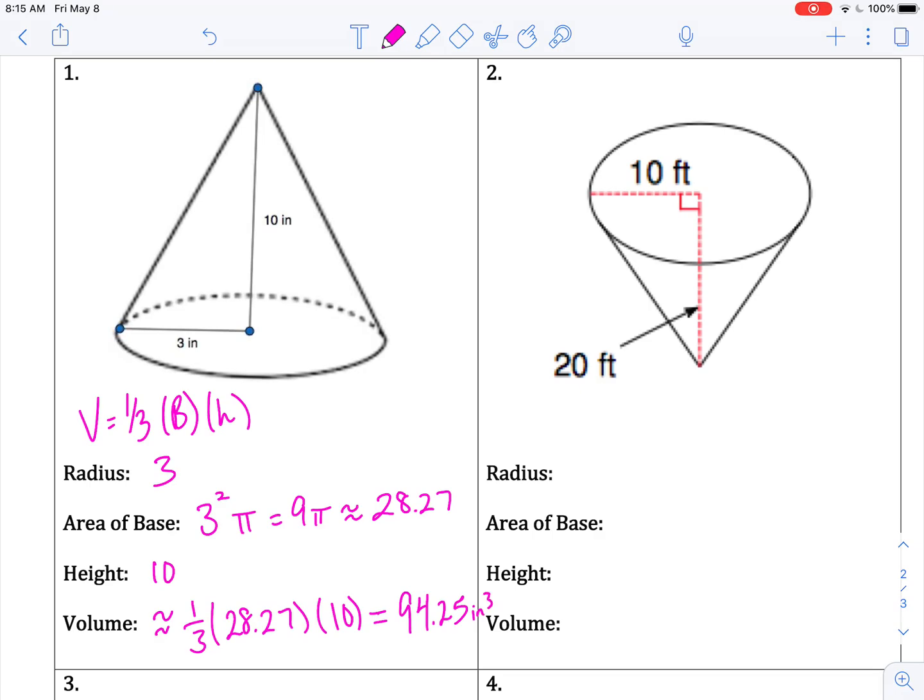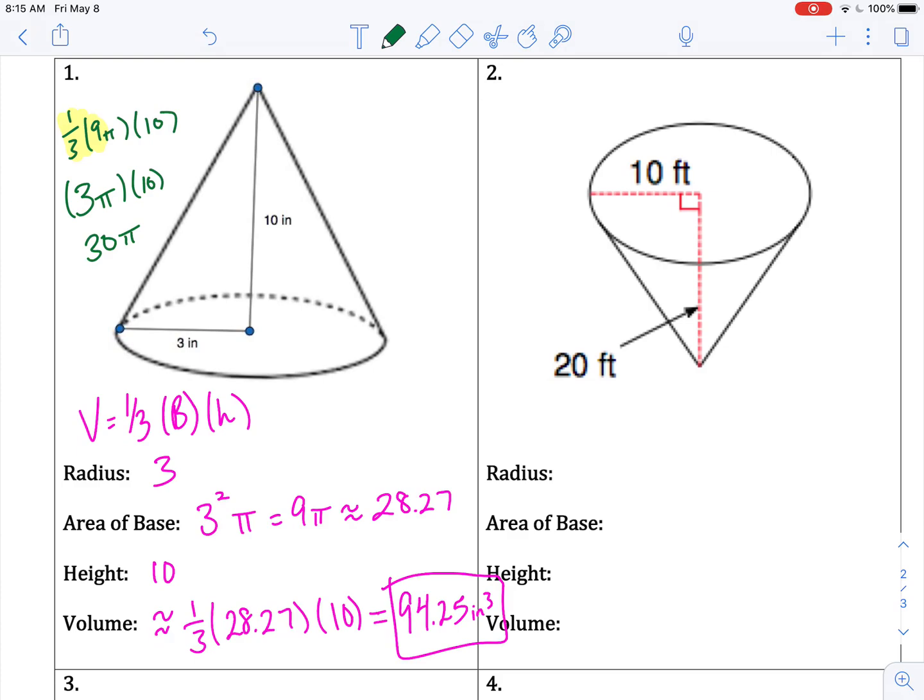And if you wanted to do this exactly, we could have left this as 9 pi. We would say 1/3 times 9 pi times 10. And then this 1/3 and 9 could simplify. 1/3 of 9 is 3. 3 pi times 10, or 30 pi.